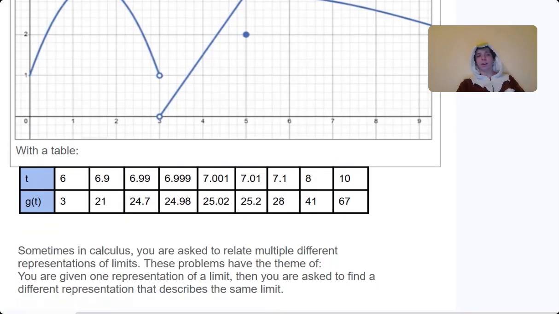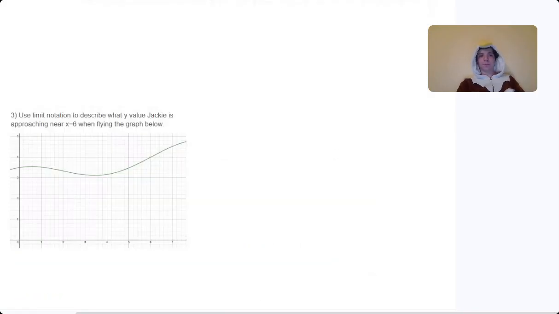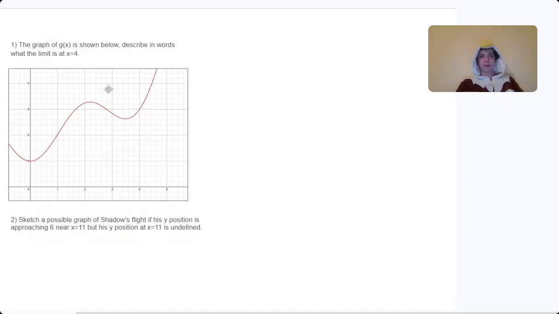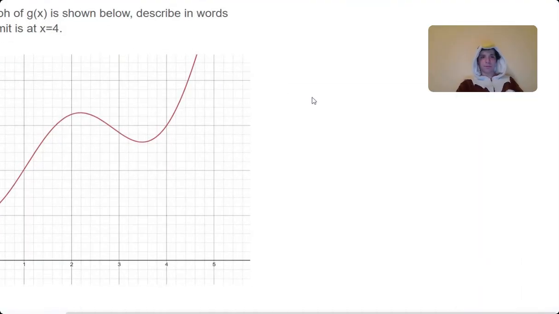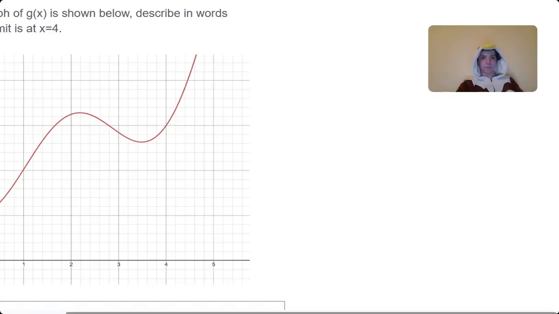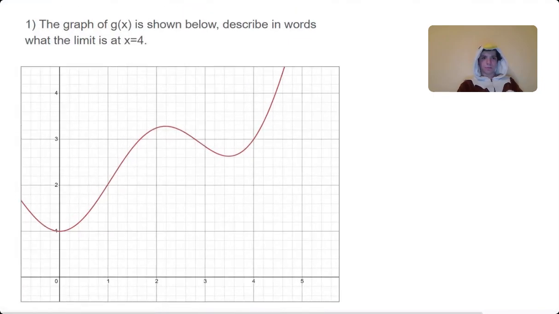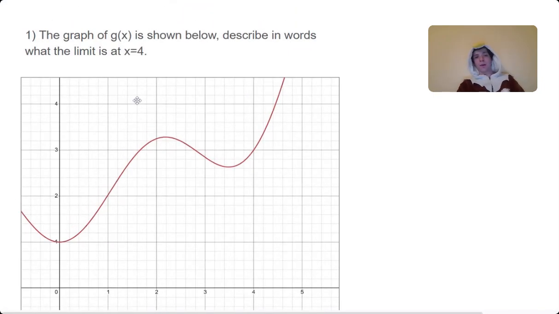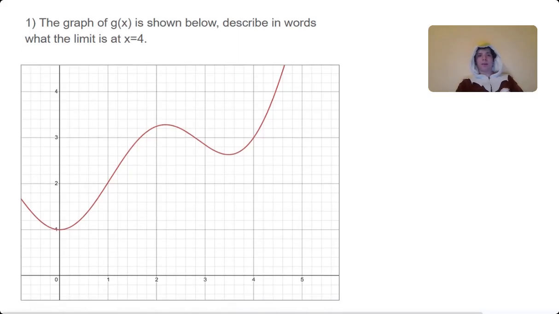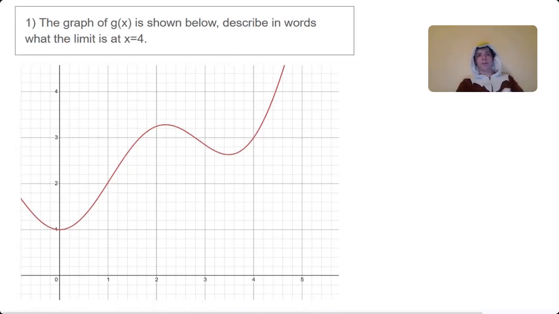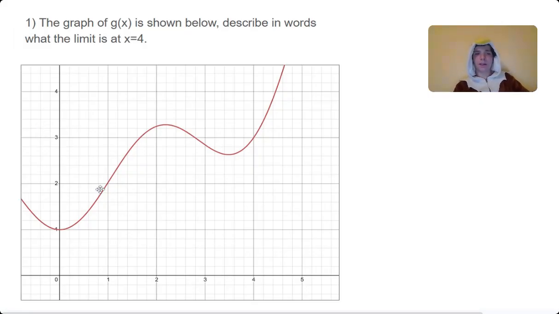And let's look at a few examples here. Okay, first problem. The graph of g of x is shown below. Describe in words what the limit is at x equals 4. Well, if you follow this graph, you can trace it like this.